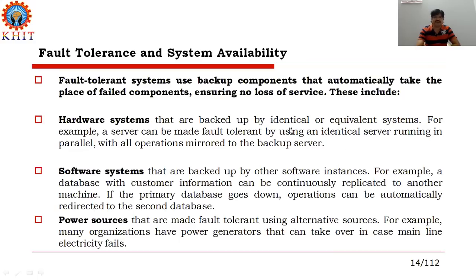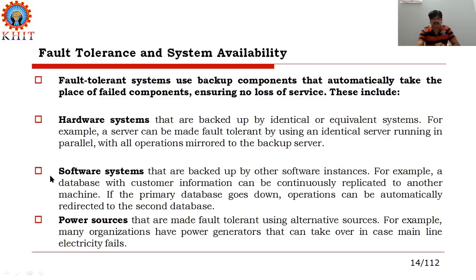Suppose there are 10 servers interconnected together. If one server fails, the traffic on that server will divert to another available server without any disturbance. That is called hardware system fault tolerance. When we apply fault tolerance to software systems, the software systems may not be disturbed. How? We will discuss here. For example, take a database.